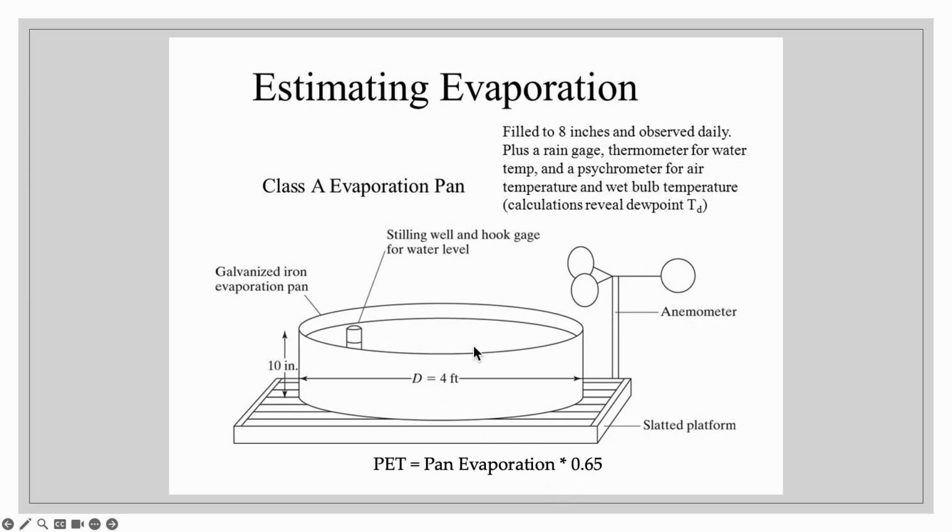So we would measure how much water we have in here, typically daily, and we would measure the volume of that evaporation pan. We would know how much is actually evaporating through some calculations, and then we would multiply that times 0.65.